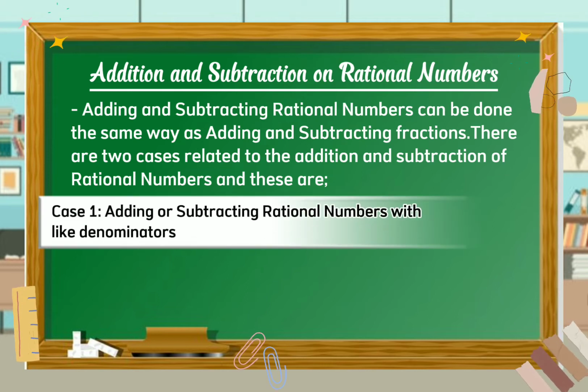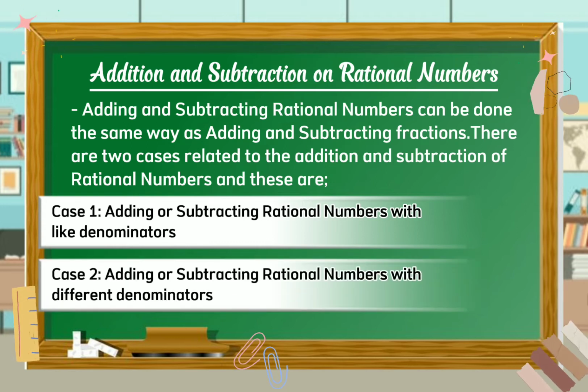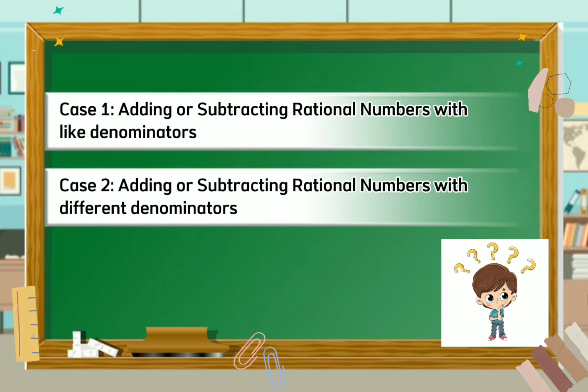Adding or subtracting rational numbers with like denominators. Case 2. Adding or subtracting rational numbers with different denominators. So in order for you to understand these cases, let's discuss them in detail.